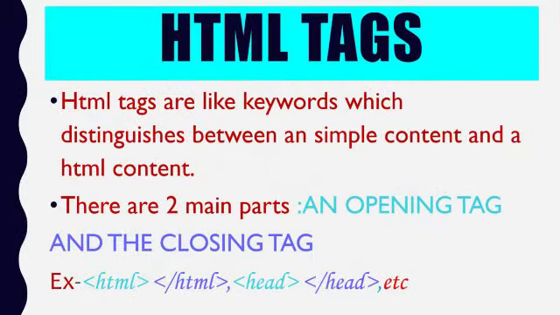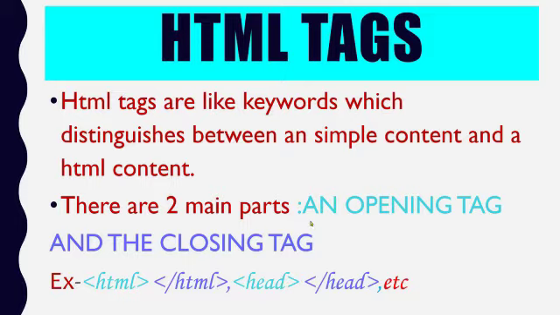Now coming on to the first one, HTML tags. HTML tags are like keywords which distinguish between simple content and HTML content. These HTML tags are the most important part of HTML. There are mainly two parts, an opening tag and a closing tag.